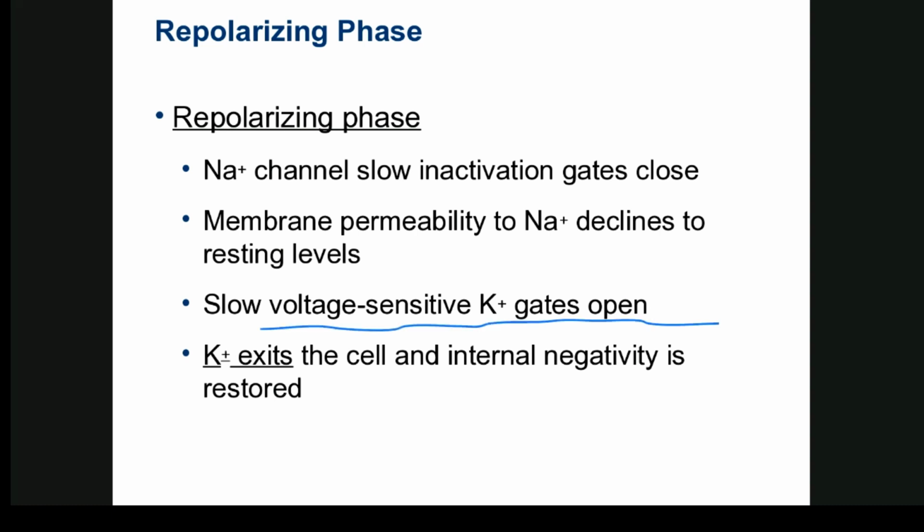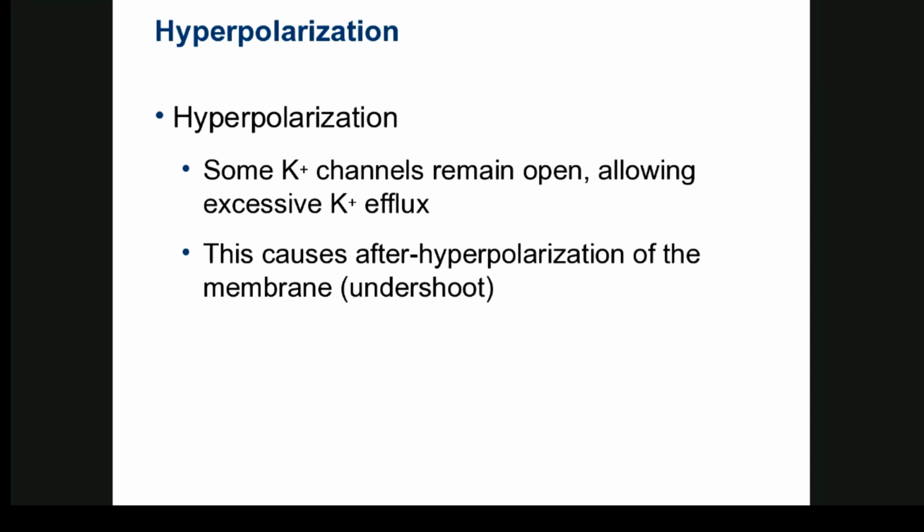Potassium exits. Potassium is very easy to move across the cell membrane, and the cell becomes repolarized. But you can't get another action potential until you get your sodiums and potassiums reorganized. Hyperpolarization is when you have so much potassium on the outside, it's hard to get an action potential going.